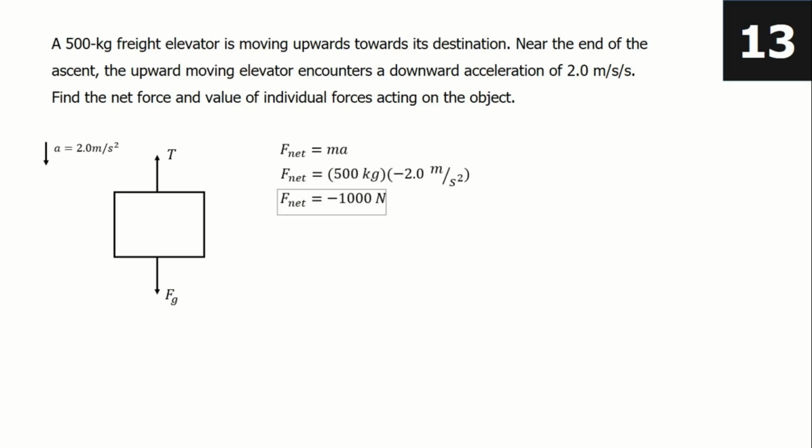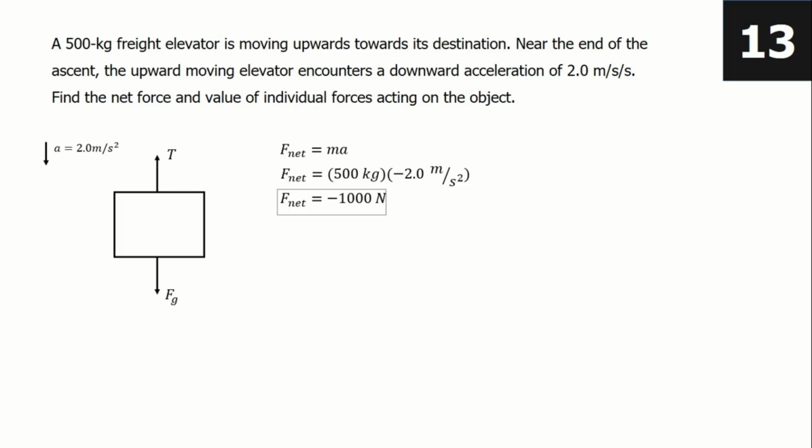So the net force can be computed easily, no? Since we have the value of the mass and the acceleration, which is downwards. So let's put a negative on that 2 meters per second squared. My net force is, of course, also negative. The direction of the net force should be the same as the direction of the acceleration.